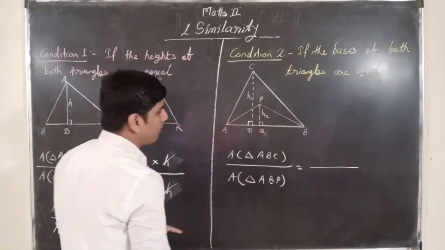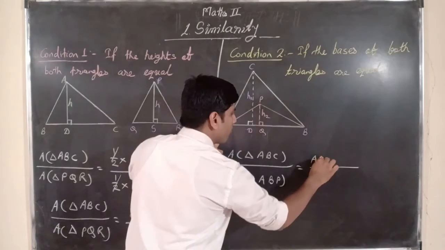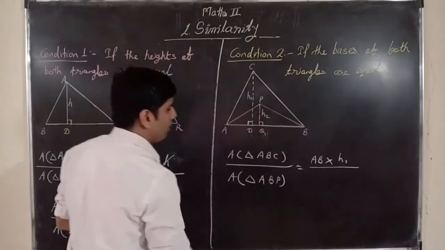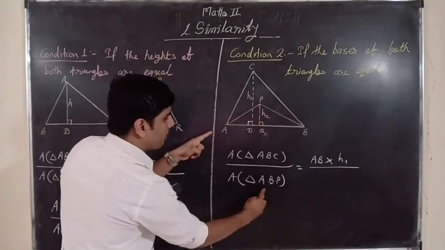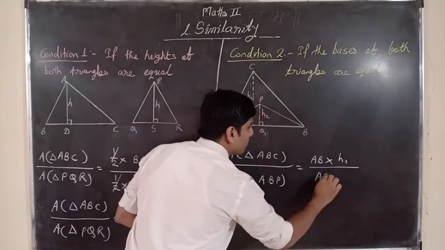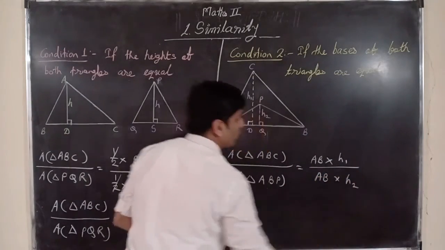So in the first triangle, the base is AB into the height of the first triangle, that is H1. In the other triangle, the base of the second triangle is again AB into the height of the second triangle, that is H2.